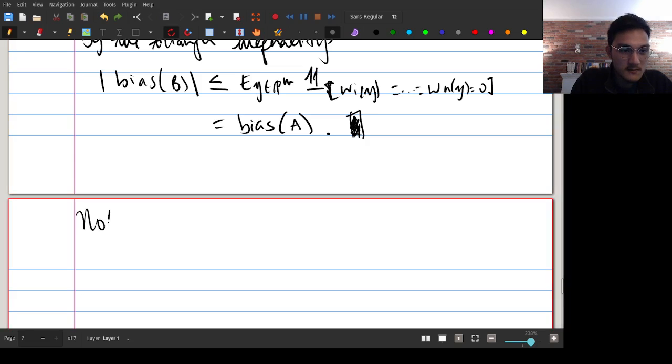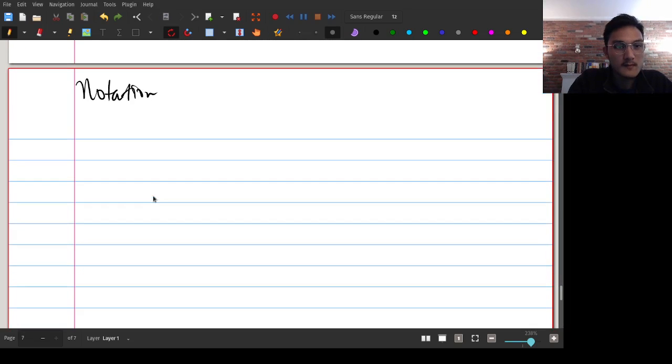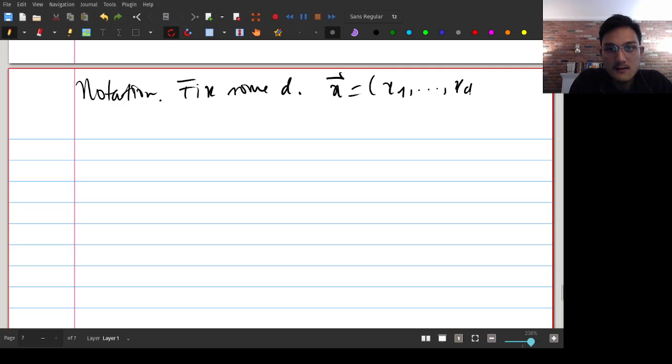Okay, so notation. Fix some d. We have x, with this little vector thing, x1 up to xd, and same for y, y1 to yd.